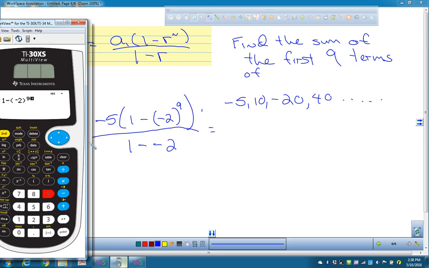So that's going to give me what's inside that parentheses. Then I'm going to multiply it by negative 5. Then I'm going to take that answer and divide by 1 minus negative 2, which makes positive 3, and I get negative 855. That's what you should have got. Negative 855 is the correct answer.